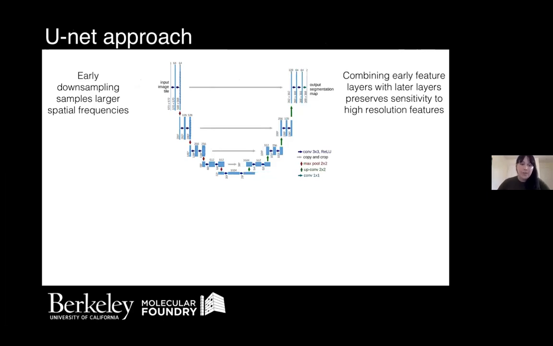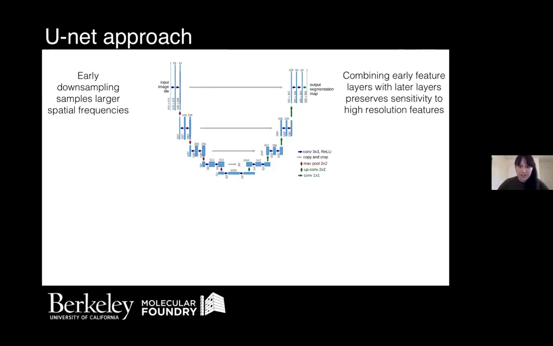What's different about a UNet than a plain encoder-decoder convolutional neural net is that the UNet preserves some of the early layers of the encoder and concatenates them with later layers.